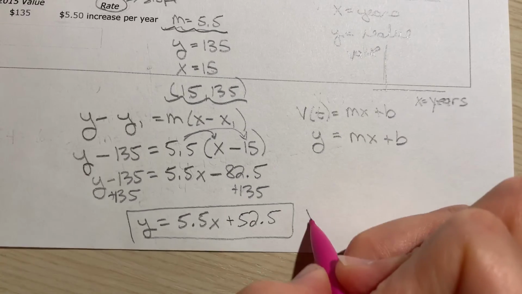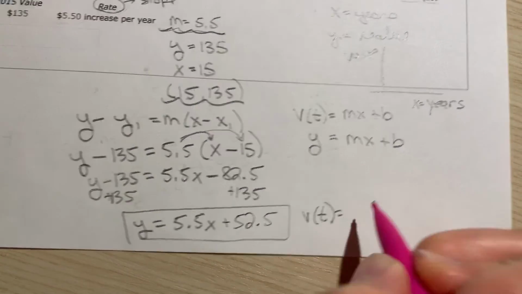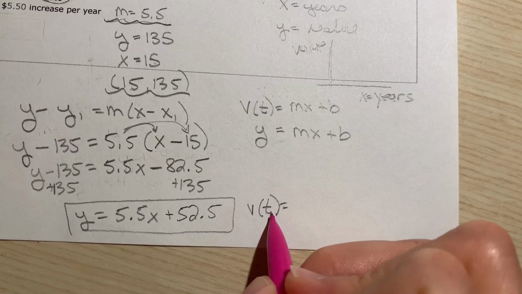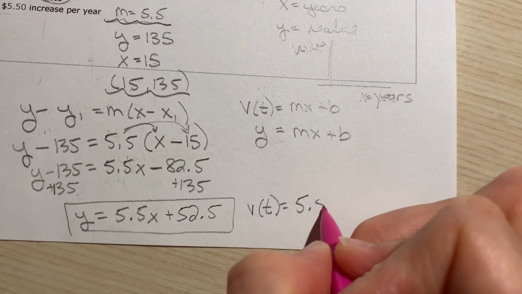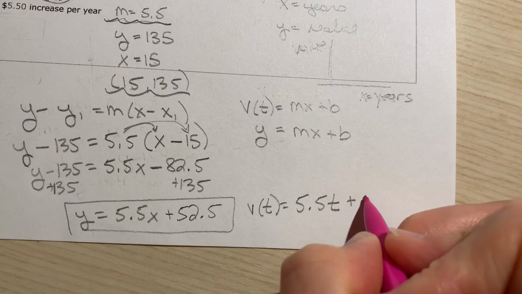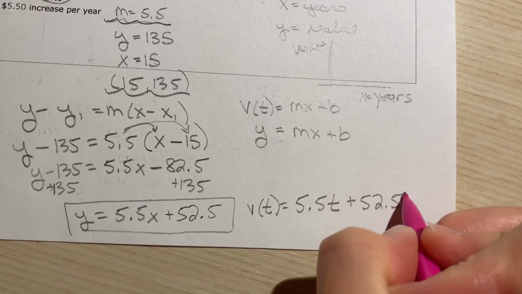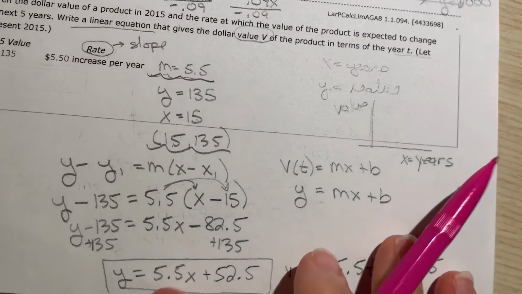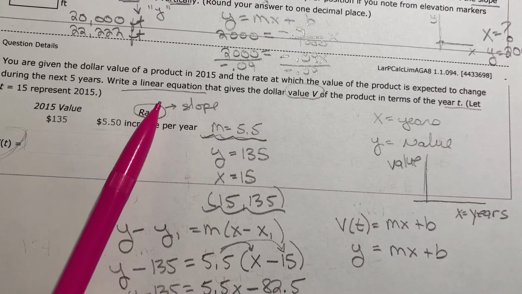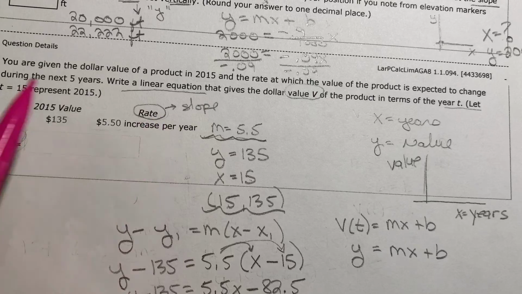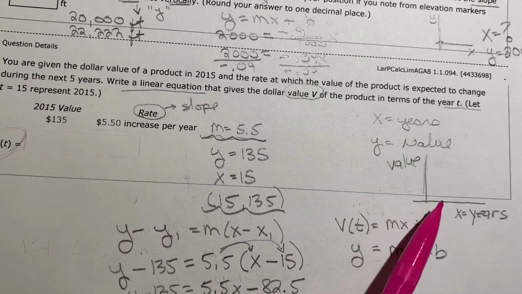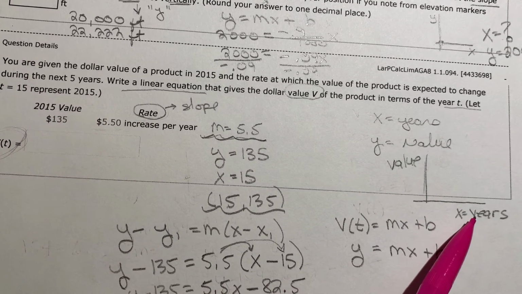Actually, though, more technically, I should write it as the value with respect to t is 5.5t plus 52.5. So whenever they ask you to write an equation of a line, remember you have to have a point and a slope. And in this problem, anything that's related to time is our x value.